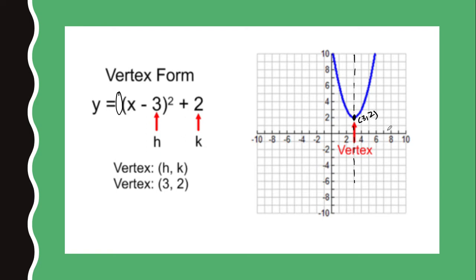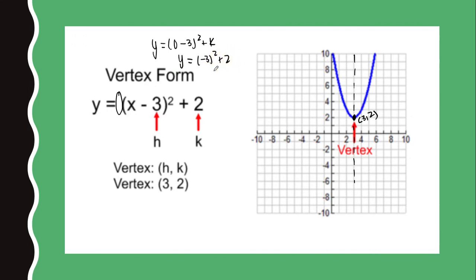And then you might ask yourself, well, Jackson, how do you know what other points you can plot? Well, you can always just plug in stuff, right? If I want to know what y is when x is 0, I could plug in 0 for x. I'm just plugging in a random number. I can plug in any number. 0 minus 3 is -3.